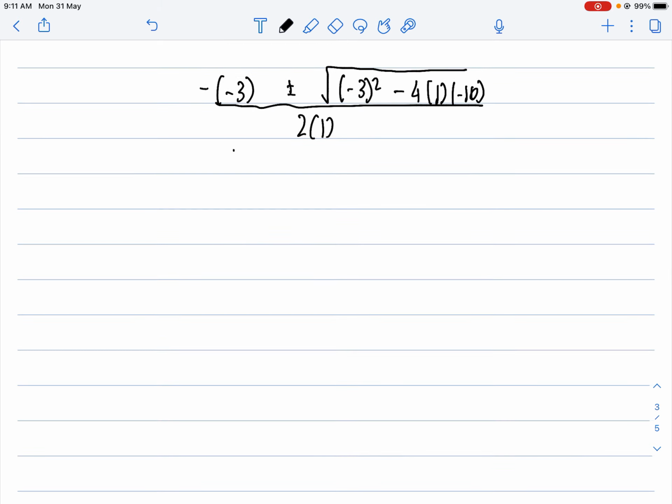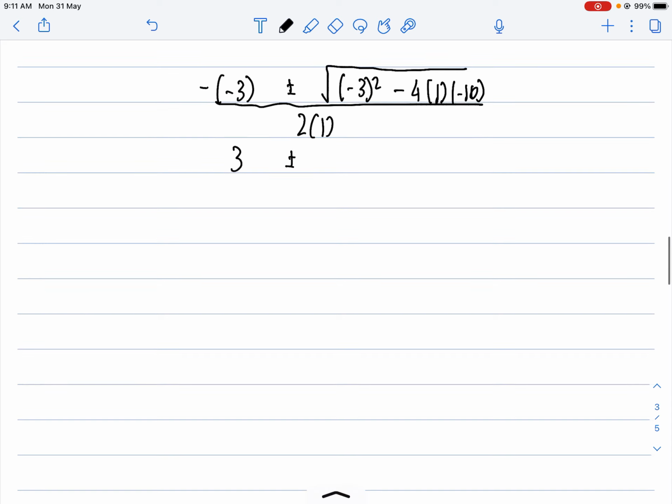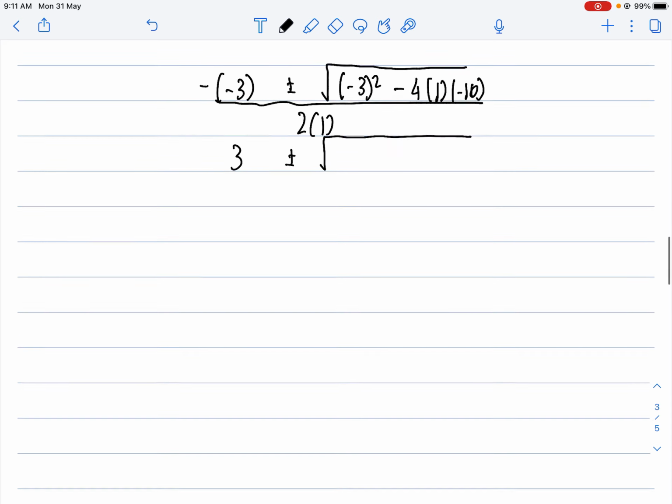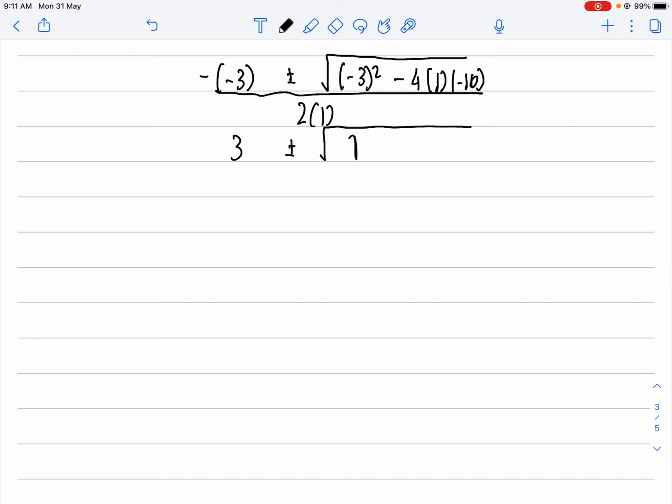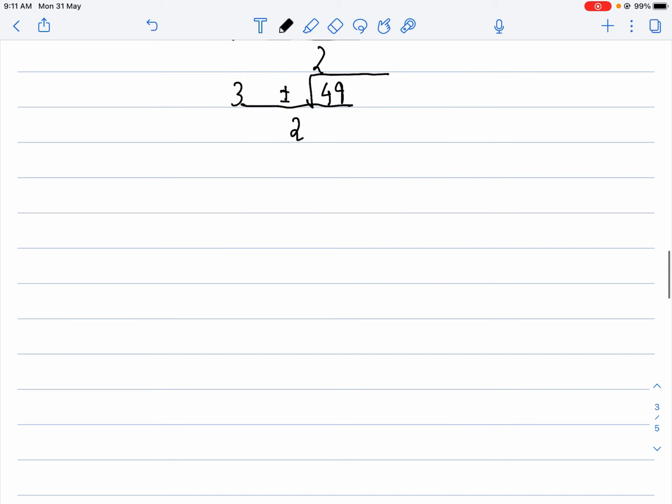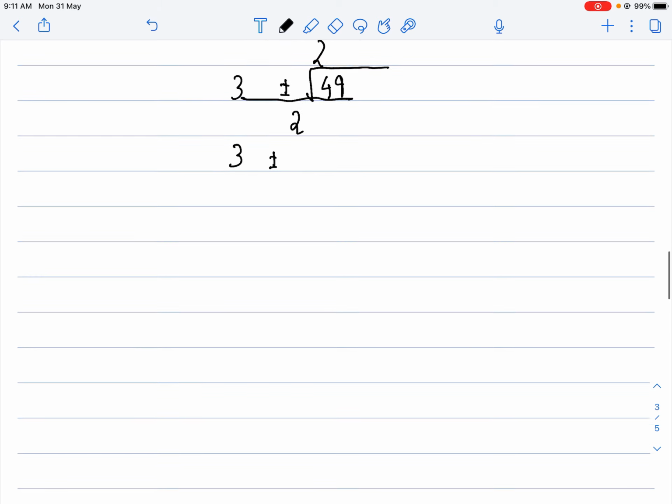So I can write this as 3 plus minus the square root of 9 plus 40 over 2. So I can write this as 3 plus minus the square root of 49 over 2. The square root of 49 is 7, so it is 3 plus or minus 7 over 2.